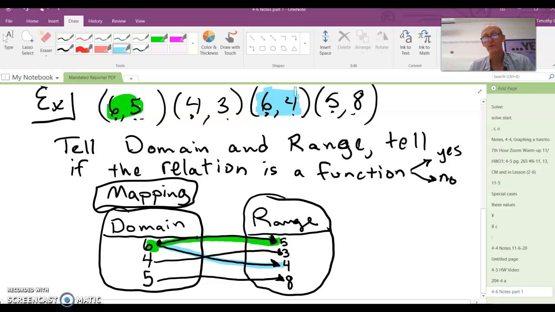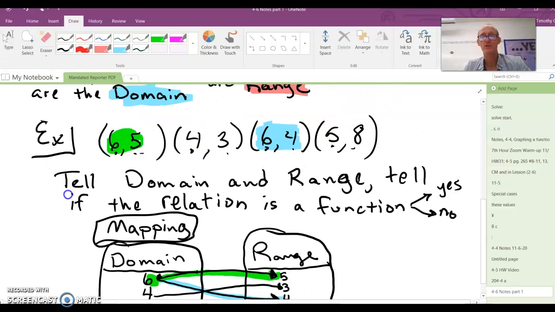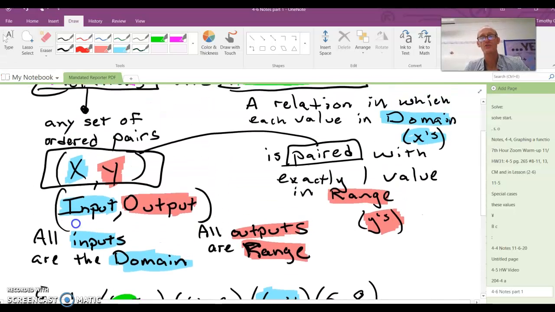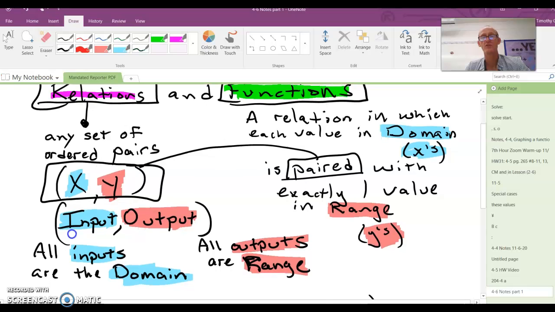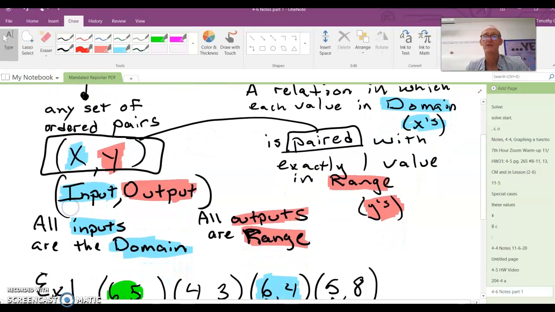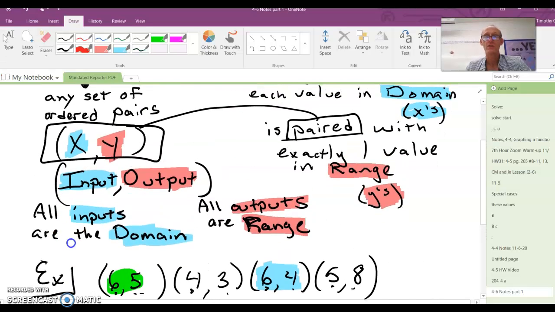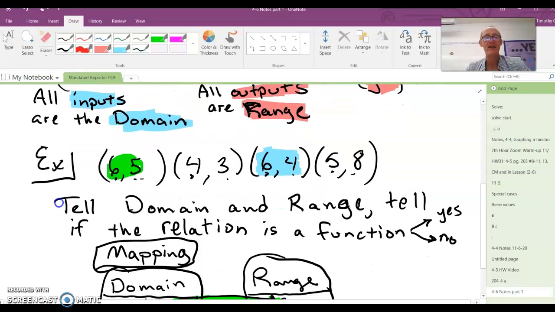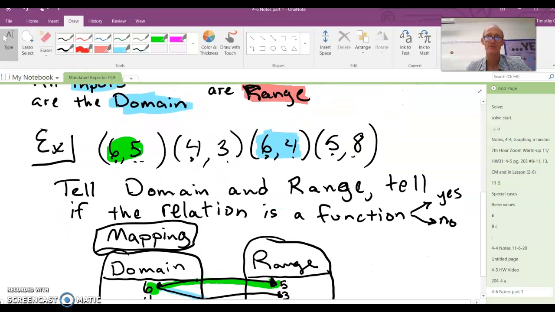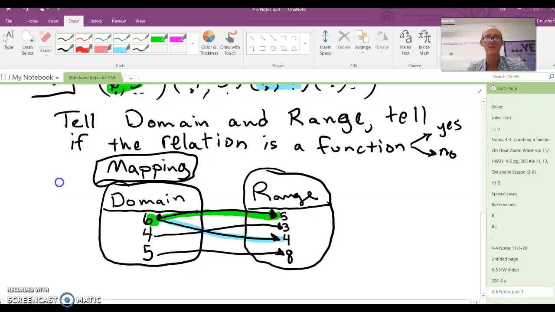Now, back to our definition of a function: a relation in which each value in the domain is paired with exactly one value in the range. So is there an x that is paired with 2 y's? There is.